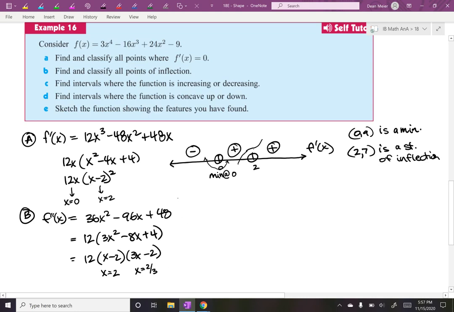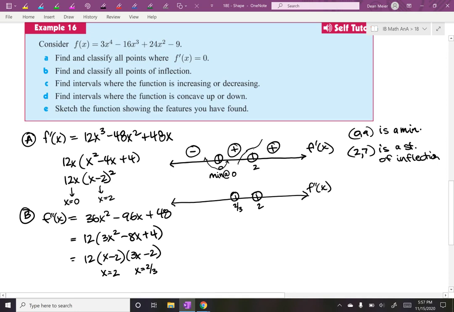So I'm going to take my same number line, right? And I'm going to mark on this number line 2 again at the same spot. And then there was 0. 2/3 would be about right here. So I'm going to put it there. And now there are my 2 critical points for the second derivative. I'll even label this second derivative so people know.